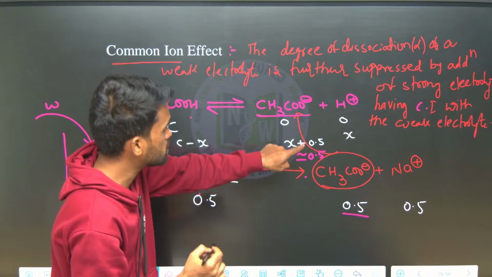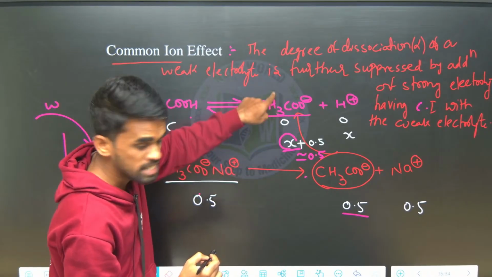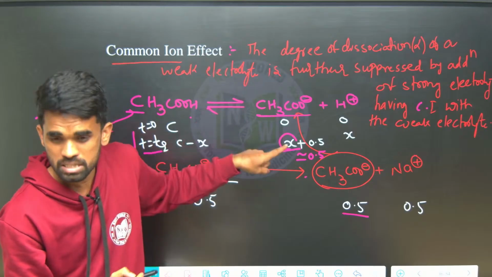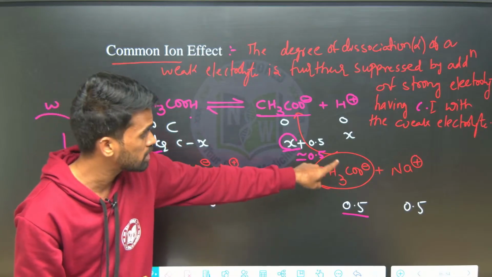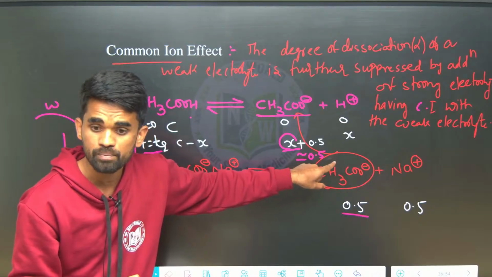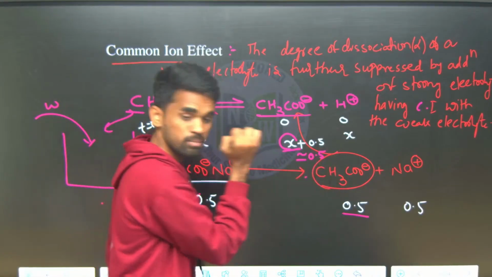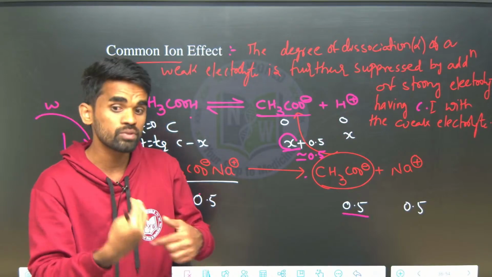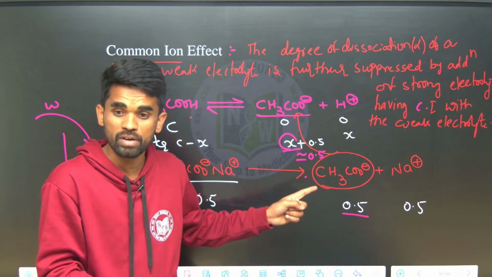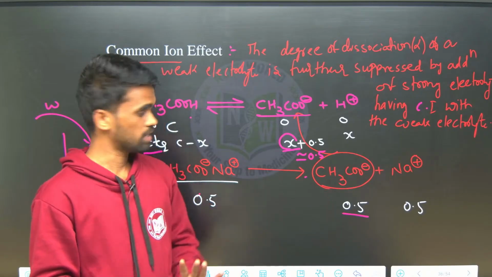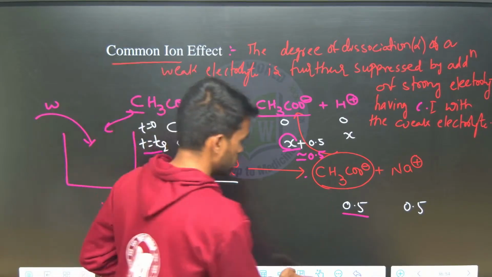The acetate ion coming from the weak electrolyte is almost negligible compared with the ion concentration from the strong electrolyte. Is this clear or not? X plus 0.5 means what am I writing now? 0.5. So where is that 0.5 coming from? That is purely from the strong electrolyte. That's it. Is this clear or not? Right.